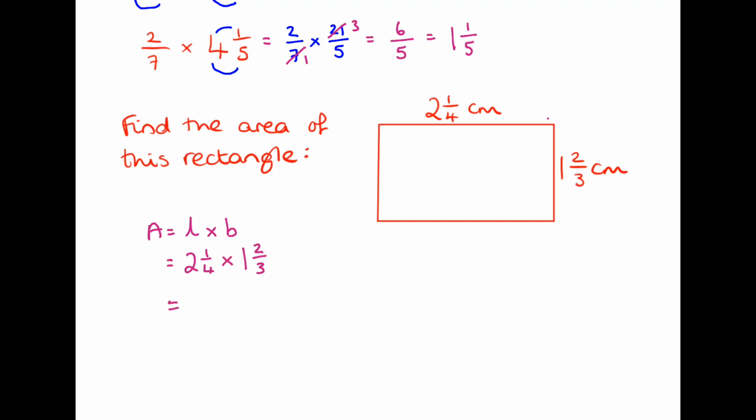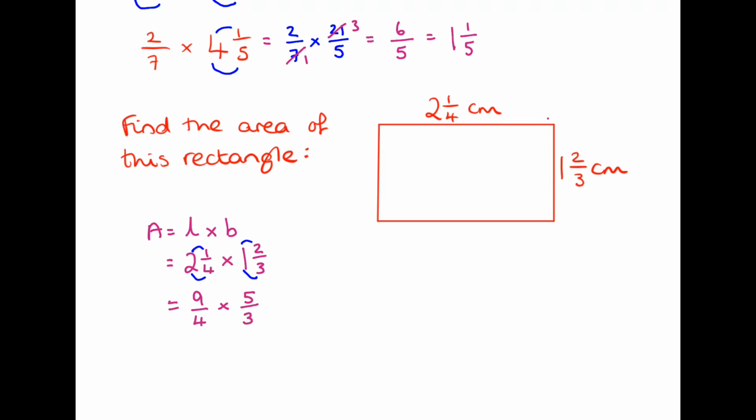So if we're going to multiply those two mixed numbers together, we need to change them to improper fractions first. So we're going to do 4 times 2 is 8, add 1 is 9. And then 3 times 1 is 3, add 2 is 5.